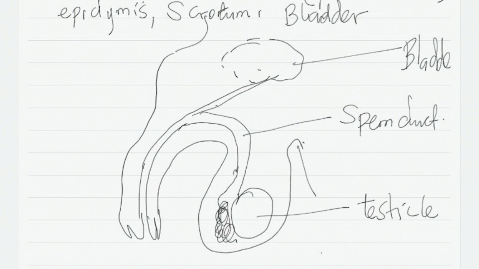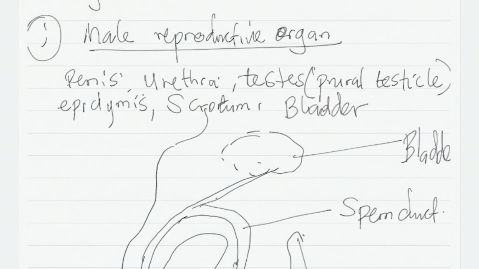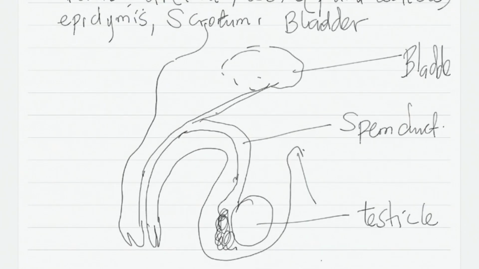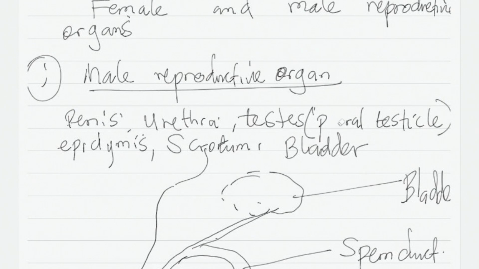They are called testicles when they are two, but here it is supposed to be singular, testicle.